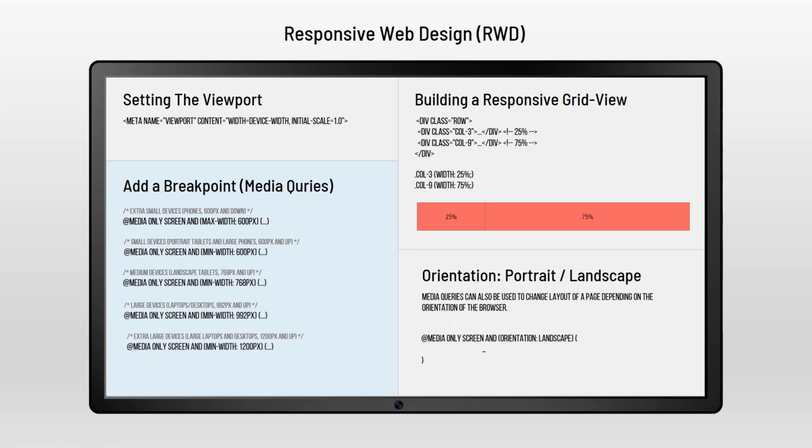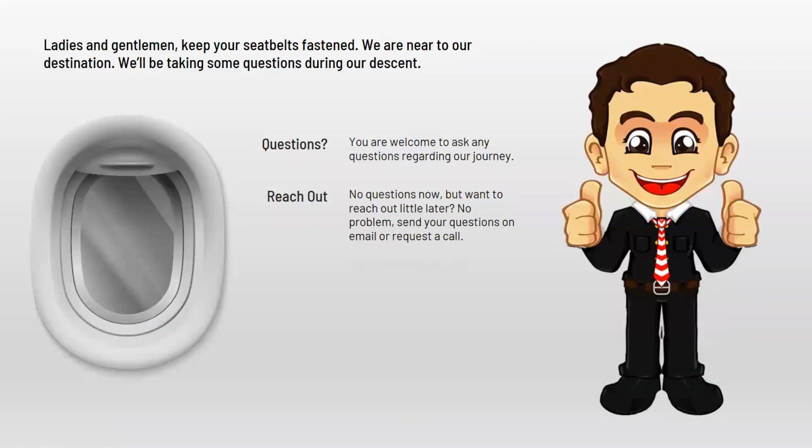Like that, you can mention various breakpoints and different styling definitions for each breakpoint. You can also mention the orientation, whether it's portrait or landscape. So these are the basic things that you need to understand about CSS.